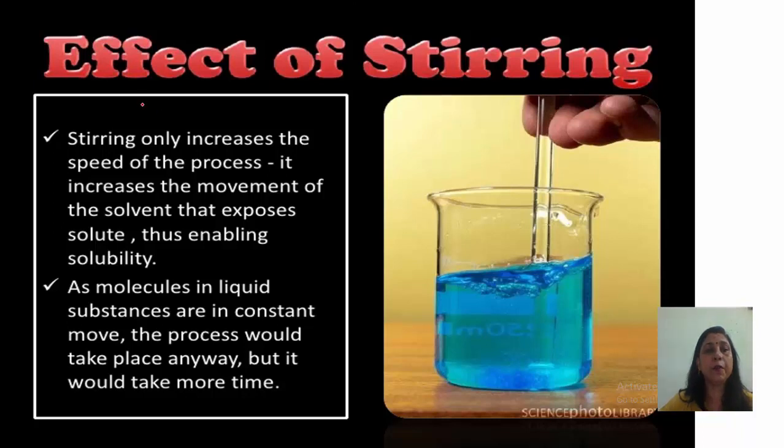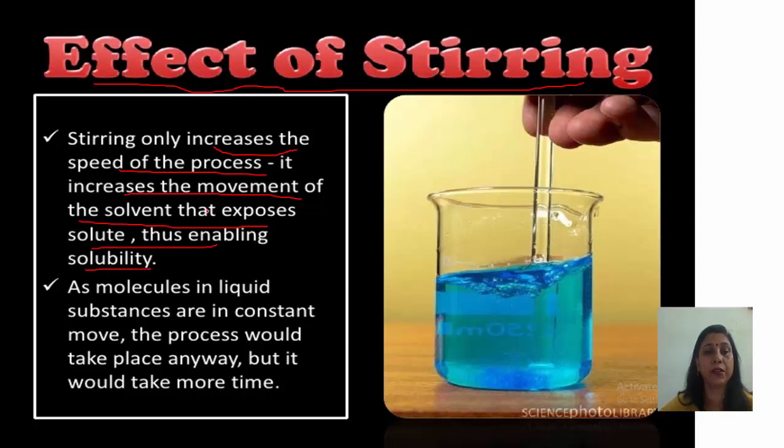Now, effect of stirring. When we are preparing a solution and dissolving a solute in the solvent, if we stir, it increases the speed of the process. It increases the movement of the solvent that exposes solute, thus enabling solubility.